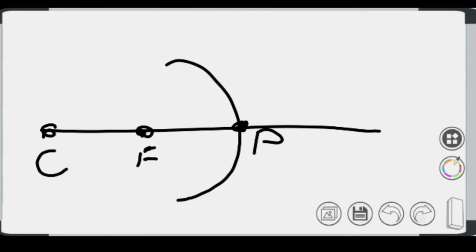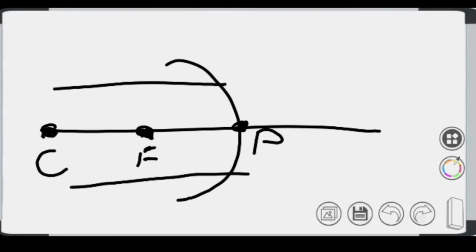And now, as you can see here, if a ray in our concave mirror, let us see, the ray is going parallel, and then they both will go towards the focal point or the focus. The rays are going parallel and going back towards the focus.